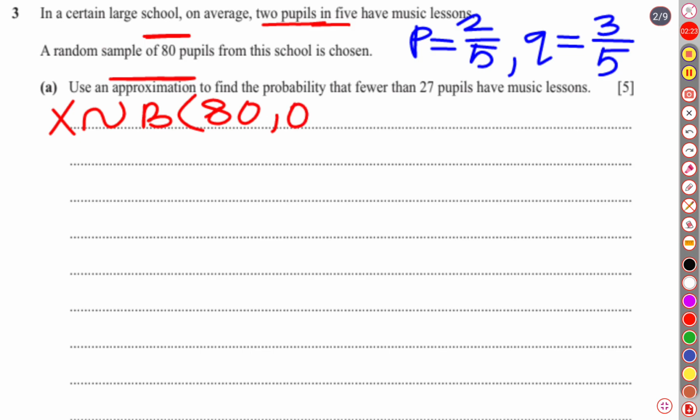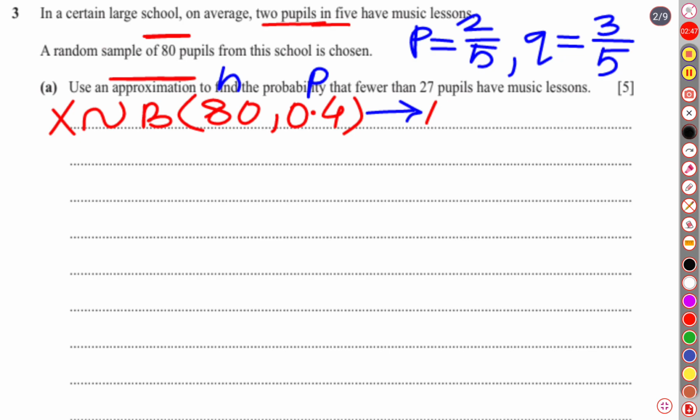Let us use the decimal 0.4. So this is our n, this is our p. Let me show you with a different color.